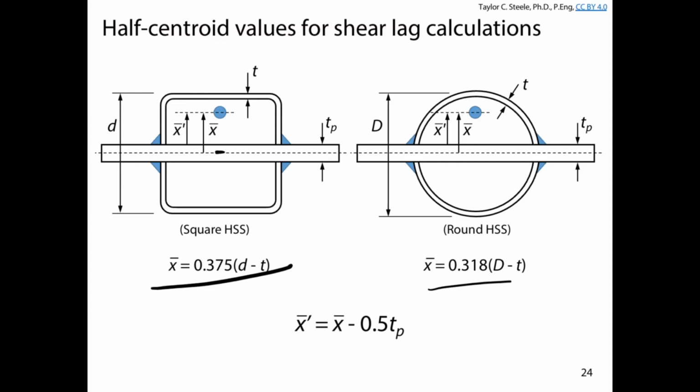For round HSS, that same distance from the center to the half centroid is 0.318 d minus t, where d is the outer diameter, t is the thickness, and for square HSS, d is the outside width. And then we just take that X bar and subtract half the gusset plate width to give us our X bar prime that we plug into the calculation for the shear lag factor.